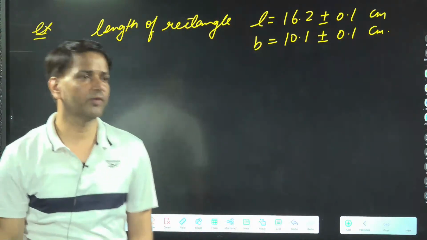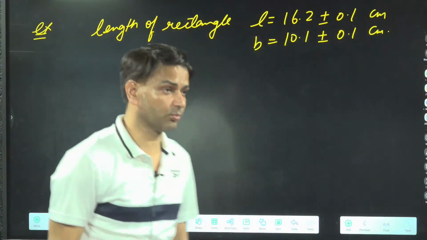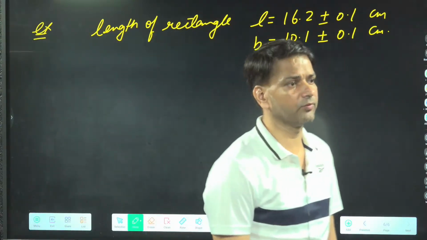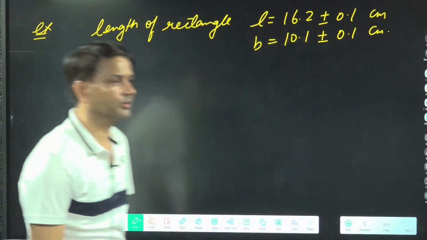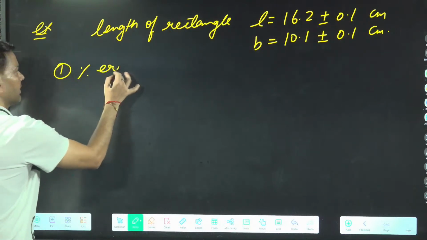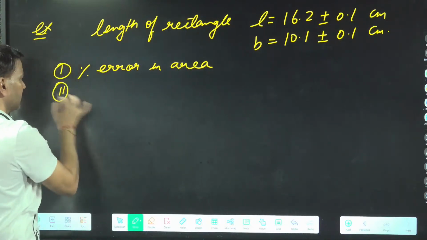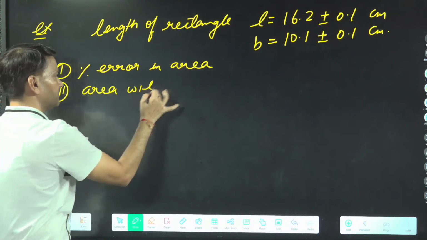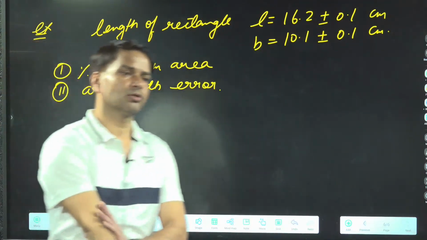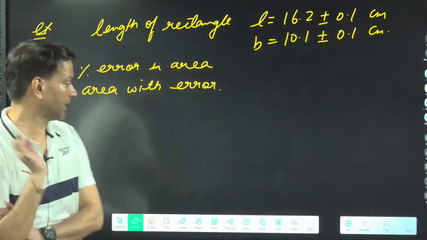So it means in the measurement of length, the error may be 0.1 and in the measurement of breadth, the error may be 0.1, and the true values they have given are 16.2 for the length and 10.1 for the breadth. Now what is the first problem? What is the percentage error in the area? First one is the percentage error in area and second one is the area with error. Okay. So percentage error, I think everybody knows the formula. So here the area, we know that the area of the rectangle is what?